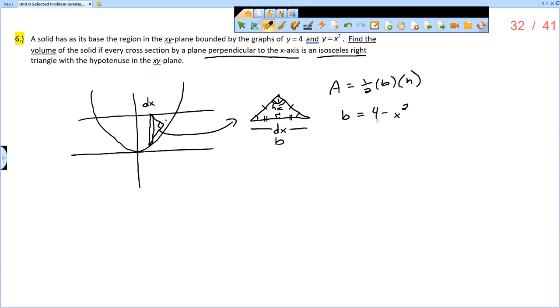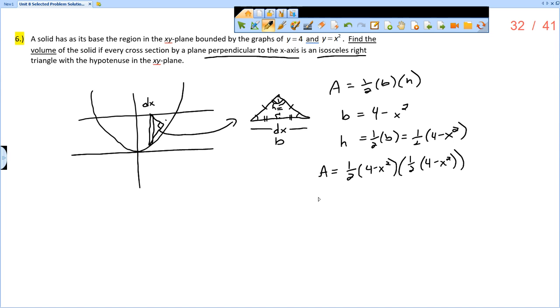Now, h is equal to half of b, so h is half of 4 minus x squared. That means the area is 1/2 b, which is 4 minus x squared, times h, which is half of 4 minus x squared.